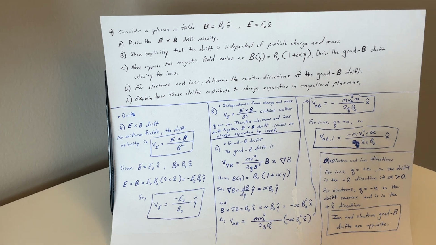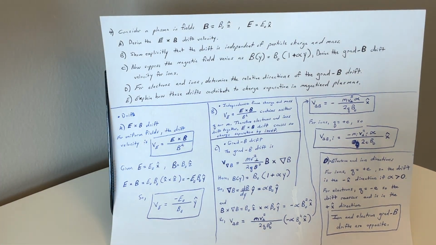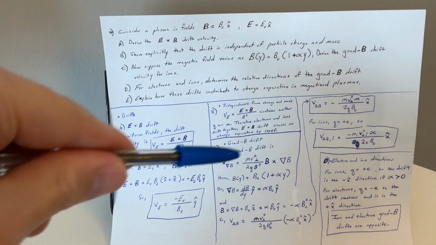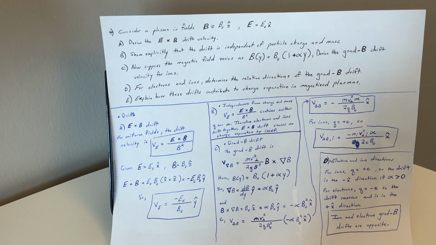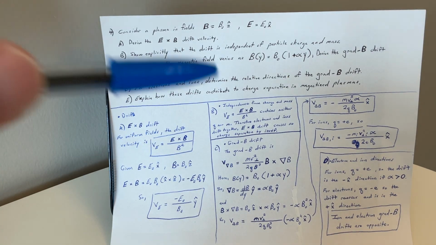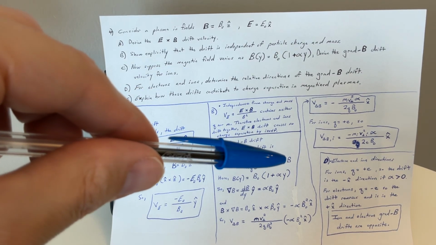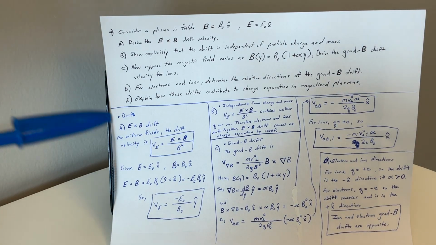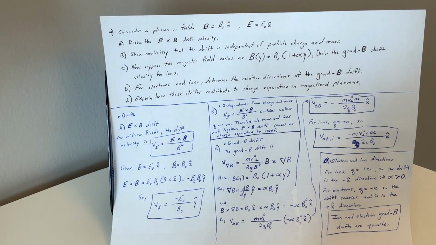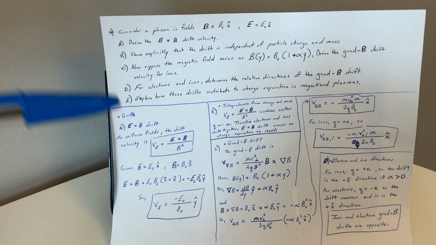So for the grad B drift, we're going to use this: V grad B equals m v perpendicular squared over 2 q B cubed times the magnetic field B, crossed with our del operator of B. Here B of y is B_0 times the quantity 1 plus alpha y.